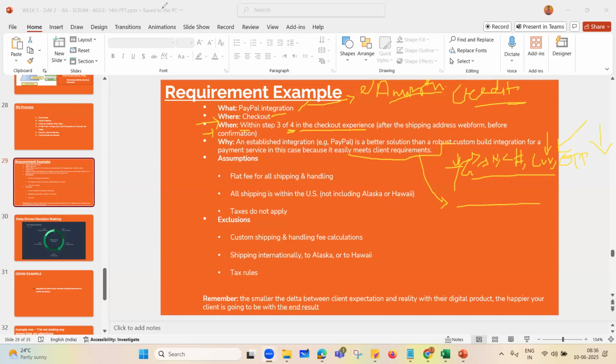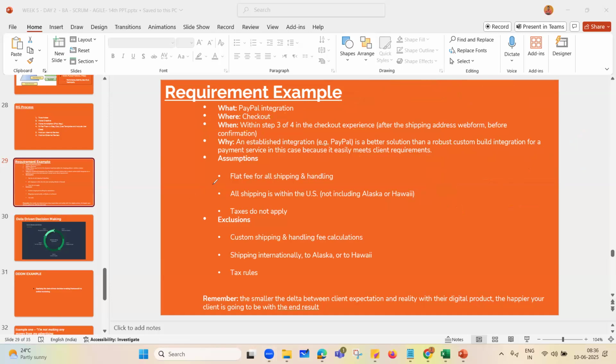Now, here it is clear with the inclusion. Let's understand what the assumption is. The assumption here is that there will be a flat fee for shipping and handling, and that has been mentioned in the document. All shipping is within the USA only, but here we are excluding two locations: one is Alaska and another is Hawaii.